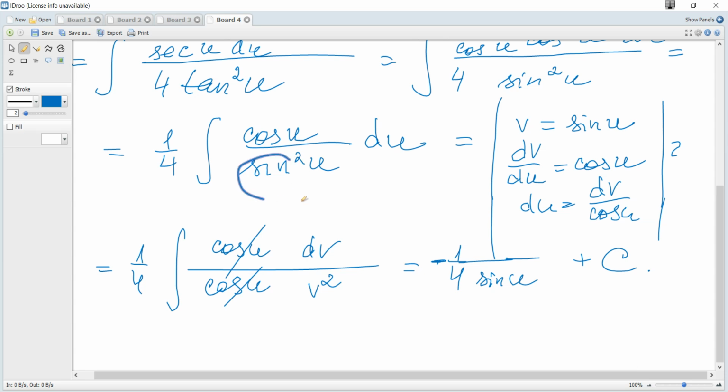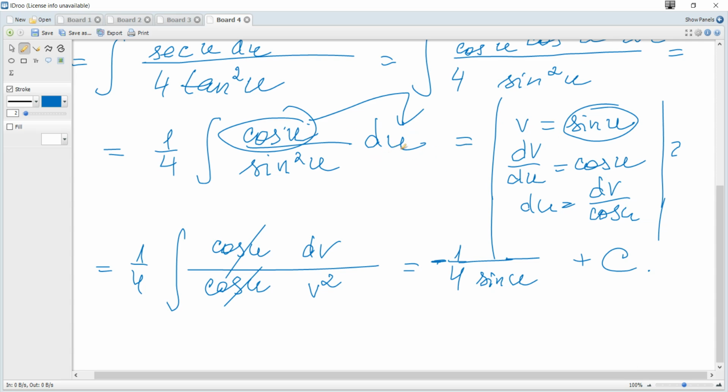Usually if you meet something to some power, we use a substitution, in general called u, but here it's v. I can see that the derivative of sine is cosine, so cosine moves here, and actually you can see the required substitution even if you don't use the inverse chain rule directly.